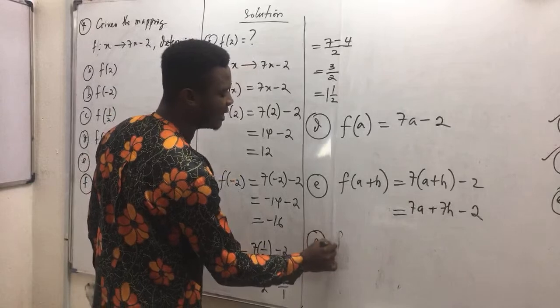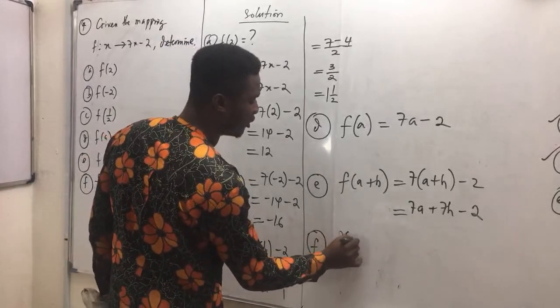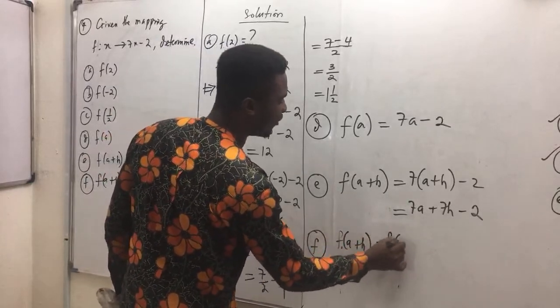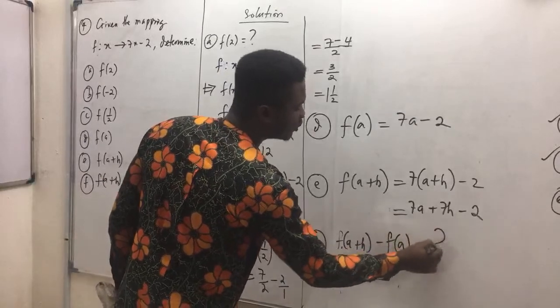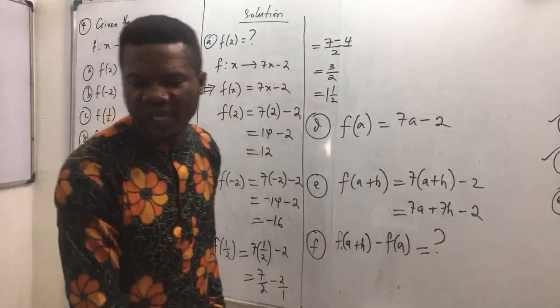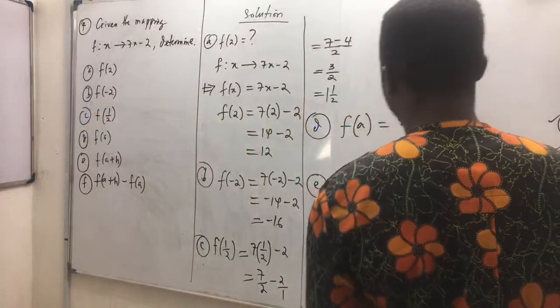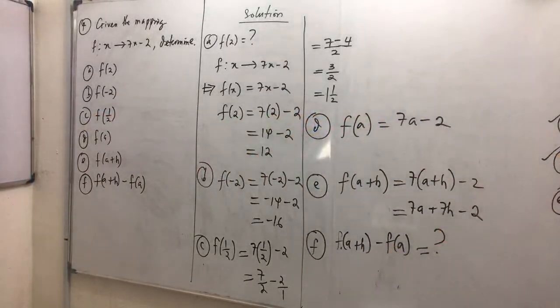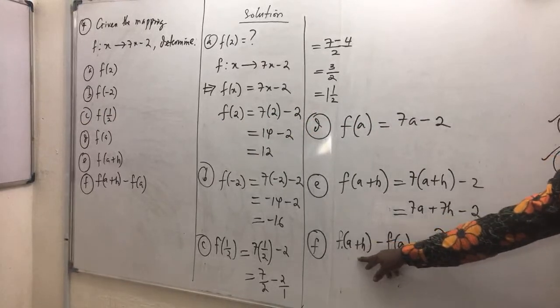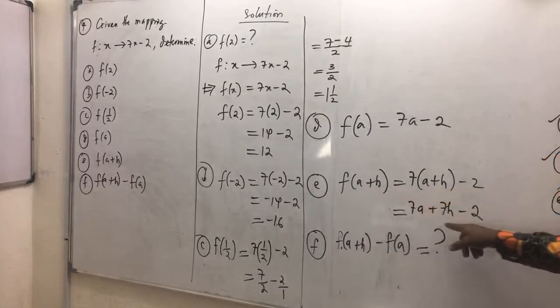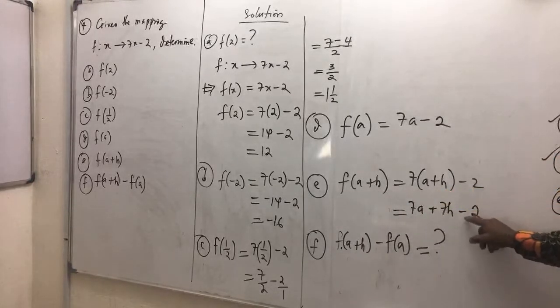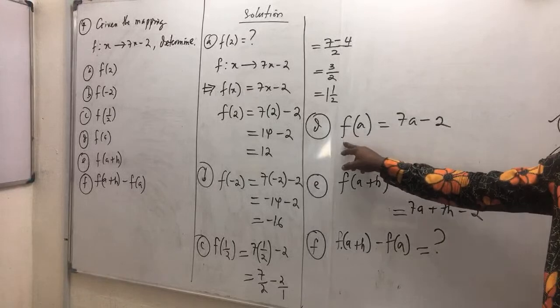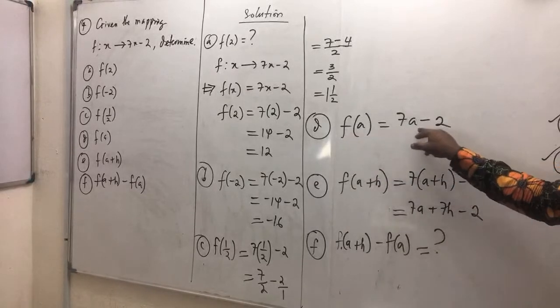Now, let's see what f of A plus h minus f of A will give us. The quickest finger should give me an answer to that question. Take note. We have gotten our result for f of A plus h to be 7A plus 7h minus 2, and our result for f of A to be 7A minus 2.